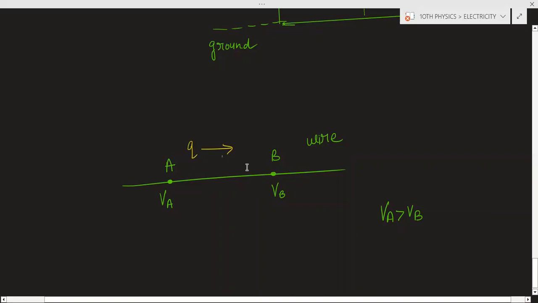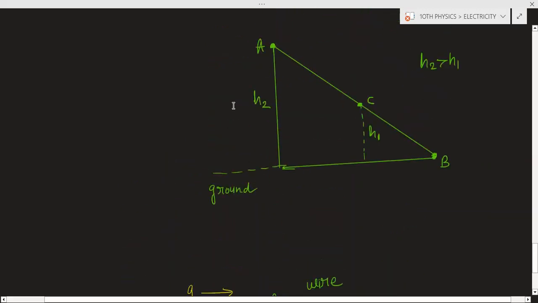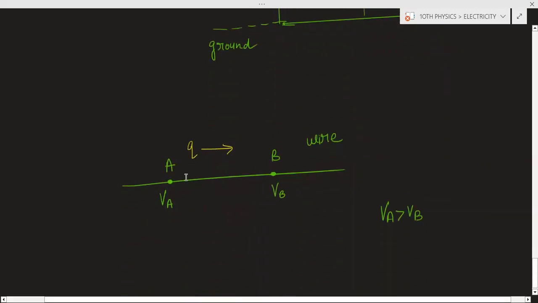Getting or not? Yes, sir. This is the analogy, so you can relate why charge always flows from higher potential to lower potential.